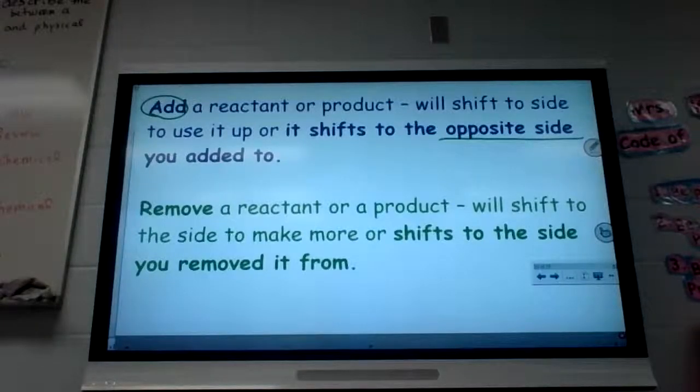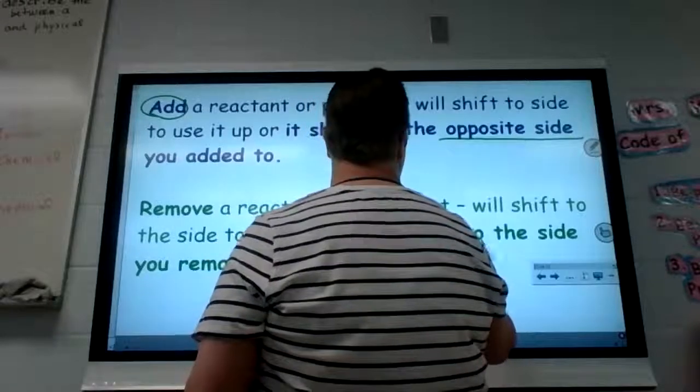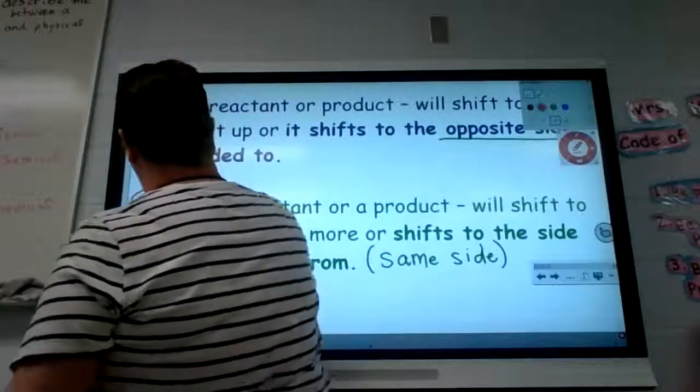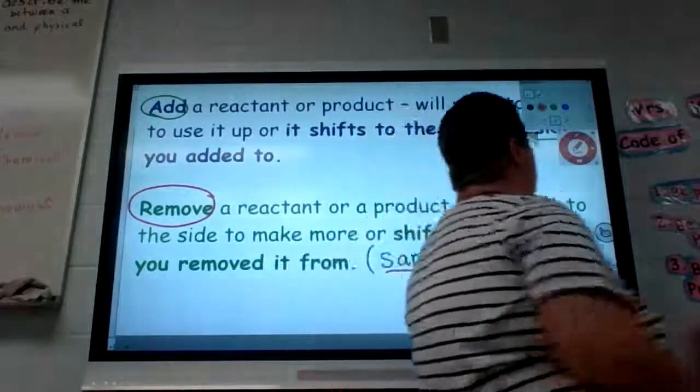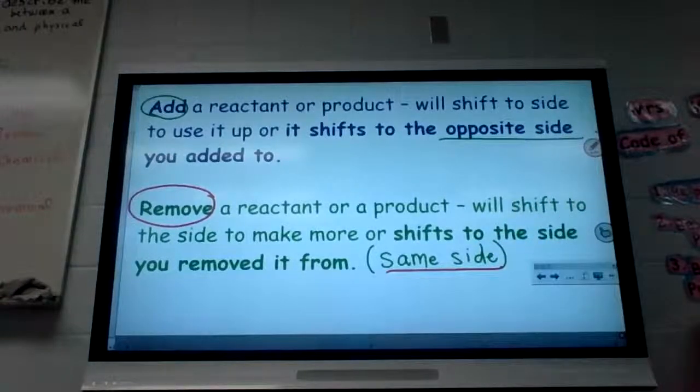So it has to shift to the side you removed it from, or you could say the same side. So if you add, it has to go to the opposite side. And if you remove, it has to go to the same side. The hardest part for most people about this is usually remembering the rules.